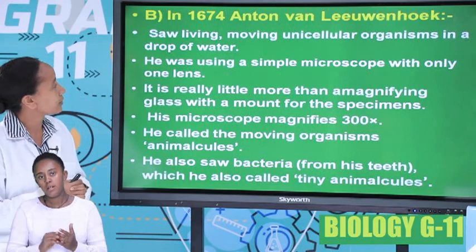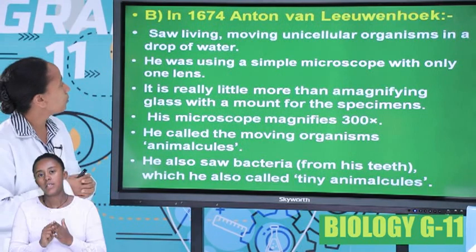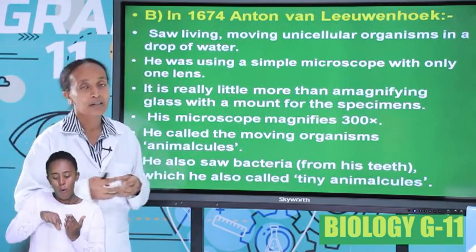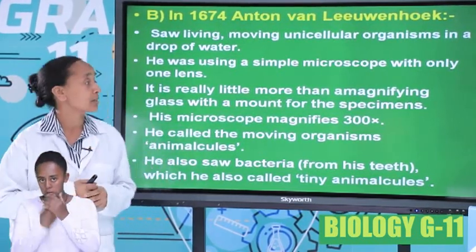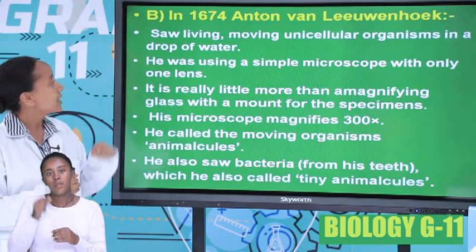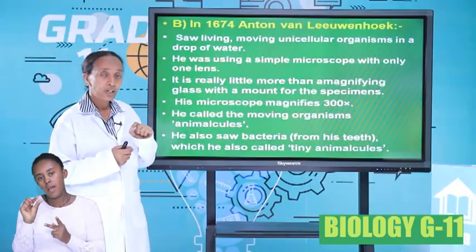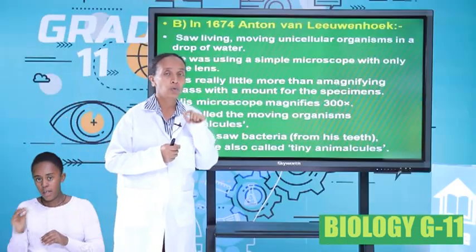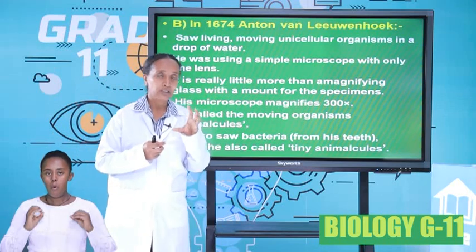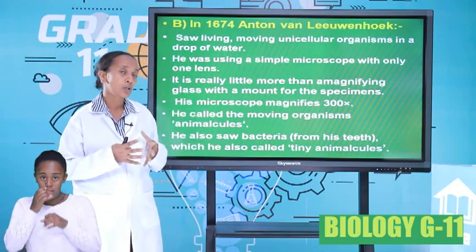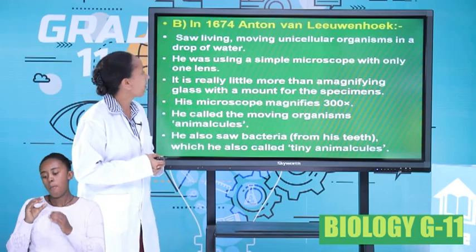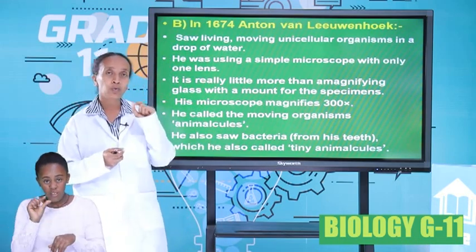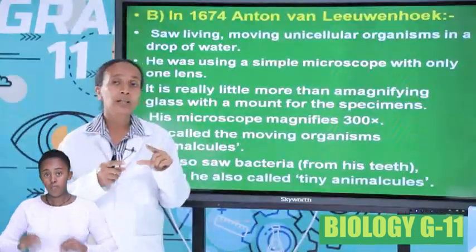In his observation he saw a drop of water, and when he observed it under the simple microscope, he observed tiny moving unicellular organisms. The drop of water contained these unicellular organisms moving here and there, and he called these tiny moving organisms animalcules.